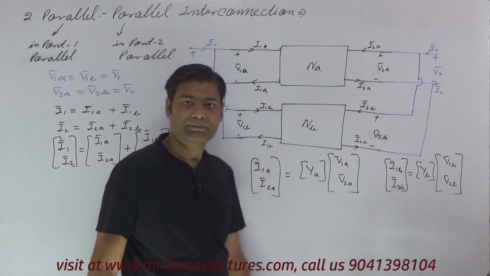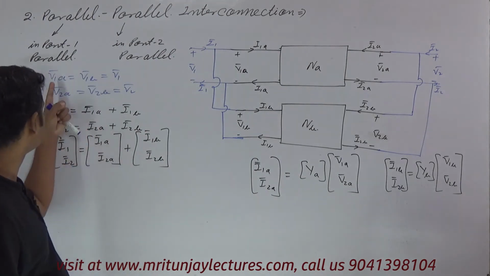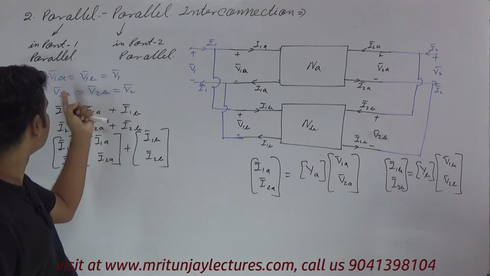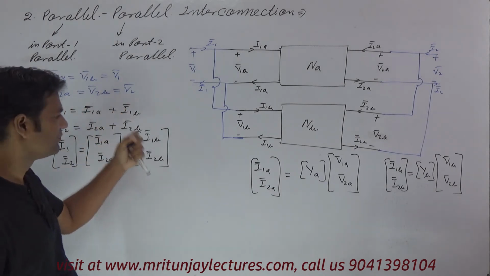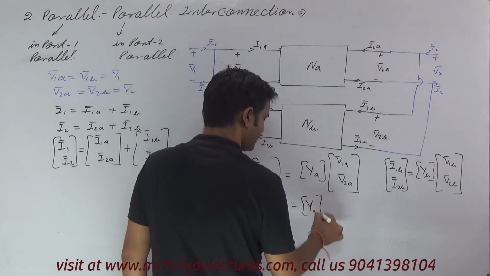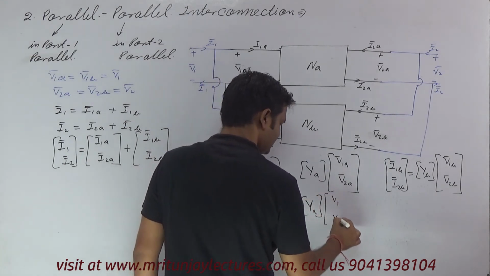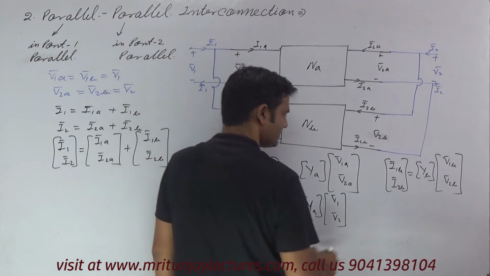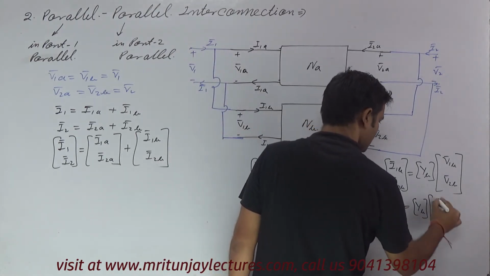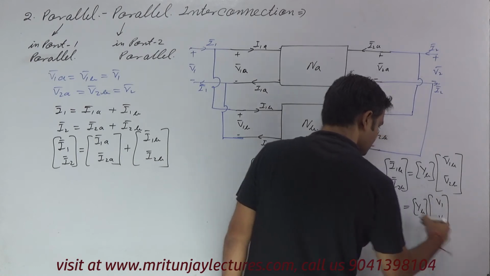this one and this one, I know that V1A is equal to V1 and V1B, and V2A is equal to V2, so it is written as YA, that is V1 and V2. Similarly here also V1 and V2.